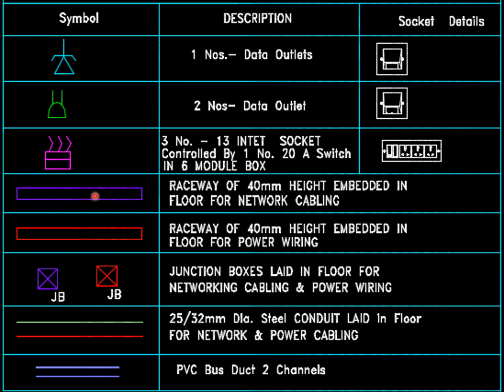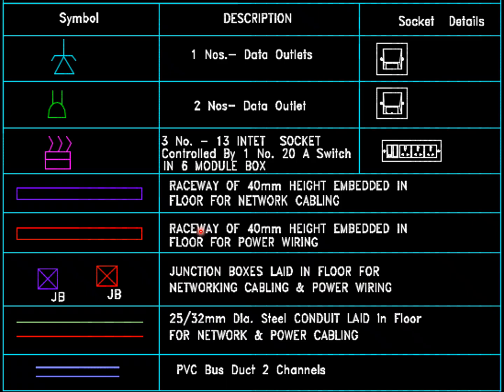This shows a raceway, which is normally of width 40 mm, embedded in the floor for the network cabling system. Similarly, the depth of this one is also 40 mm. This is also used as a raceway inside the false floor.